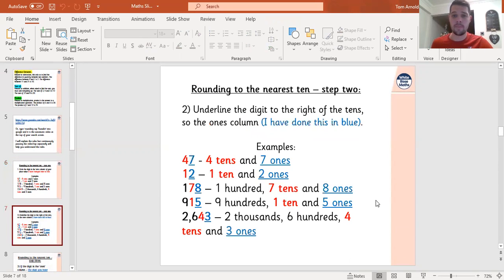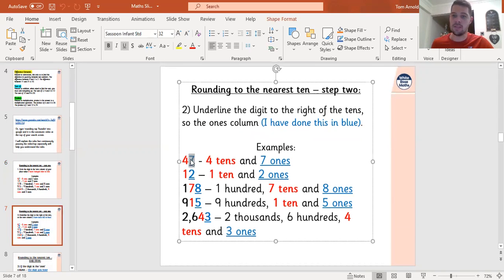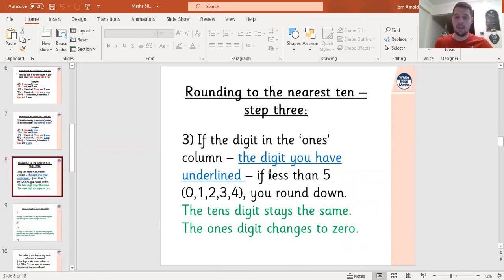Moving on. Step 2, the column to the right, that digit I need to underline. So 7 ones, 2 ones, 5 ones, and so on. This is a really important step because this is going to give us the information on whether to round up or round down. If the digit is below 5, so 0, 1, 2, 3, or 4, we need to round down.